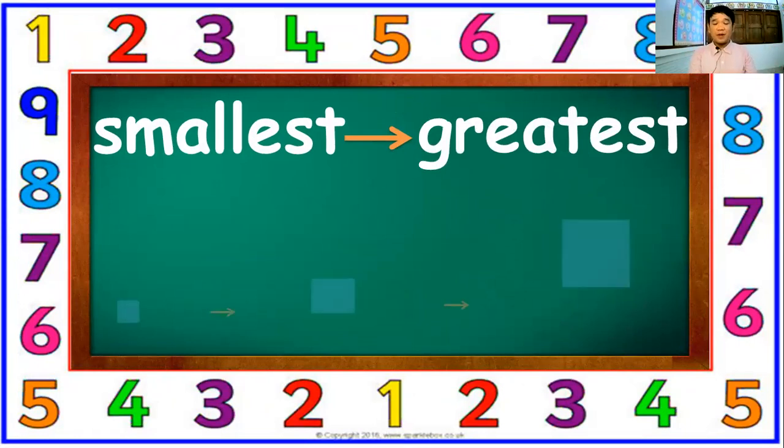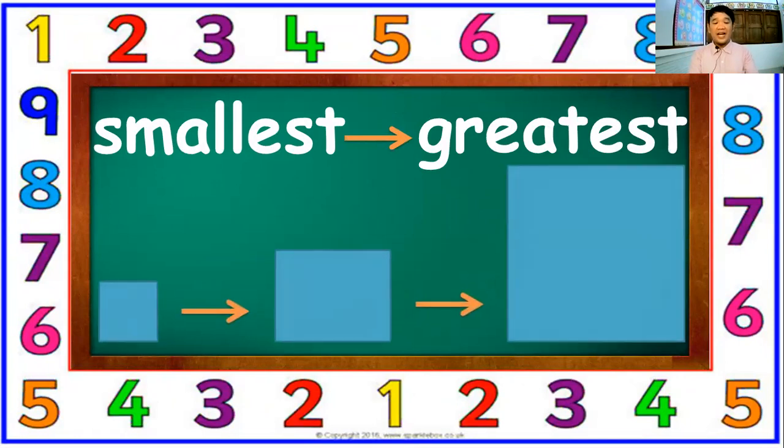For example, from the left side, we have here the small box. Then next, the smaller, and then the biggest. So from small to big, it should be arranged as smallest to greatest. This is an example of smallest to greatest.